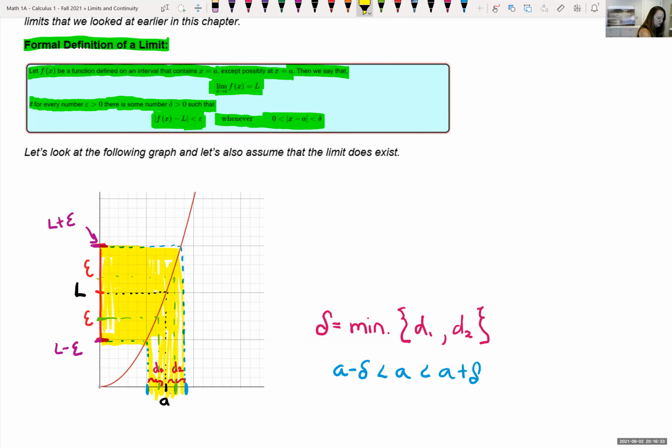Notice if we chose some value outside, say I chose my x value out here, that's outside of a minus delta and a plus delta. And if I map this back up to see what my y value is, that's definitely getting outside of that interval, and so that would be too big.